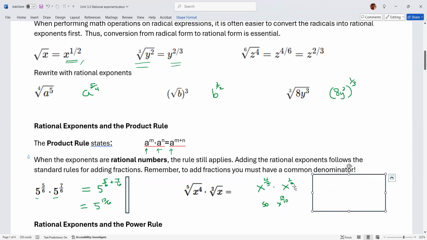Well, 5 and 2 are not common denominators, so the common denominator will be 10. So here's the fraction problem I'm solving for the exponents. A common denominator of 10 means both of these fractions get rewritten to 8/10 plus 5/10. When I add it, I get 13/10. So the final answer in this case will be x raised to the 13/10.